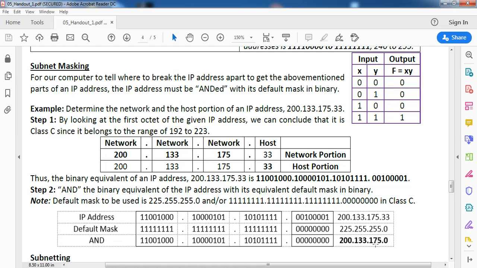So the result, when we AND 200.133.175.33 with its default mask for class C, would be the same first 3 octets but without the last octet, thereby only retaining the network portion and resetting the host portion. So that is how subnet mask works.